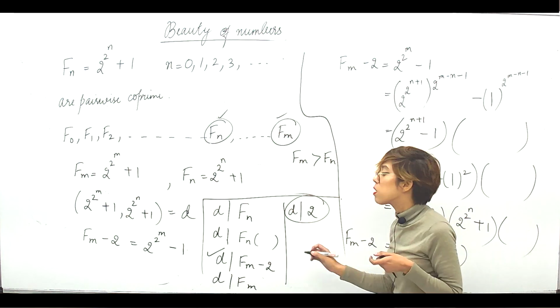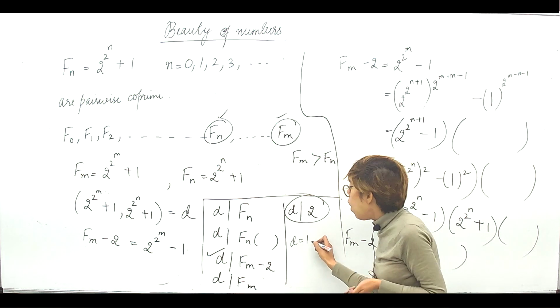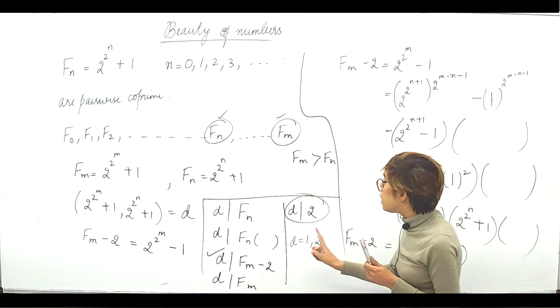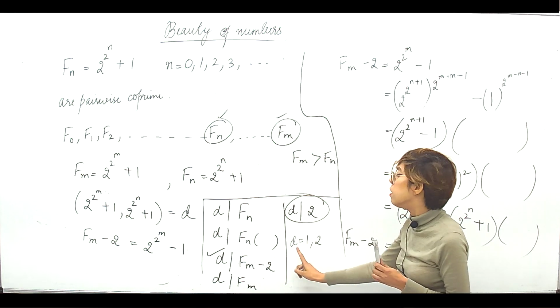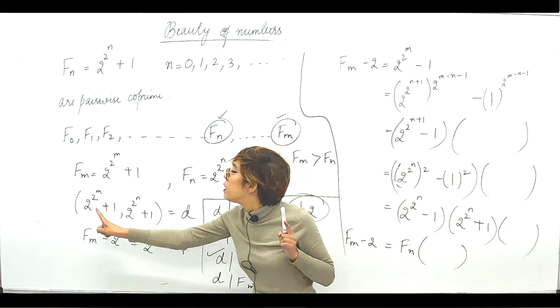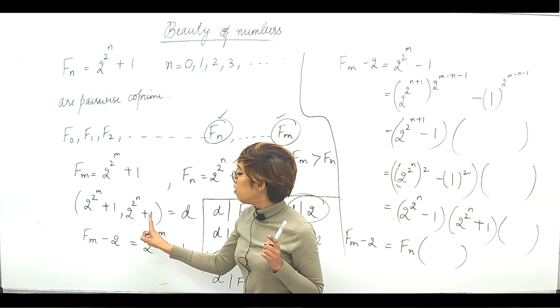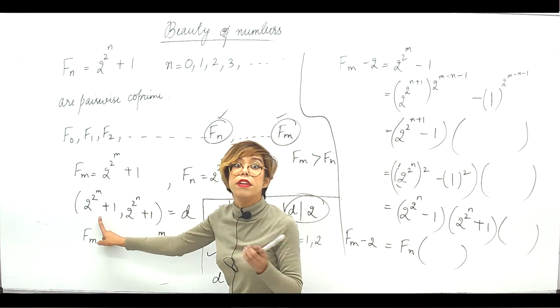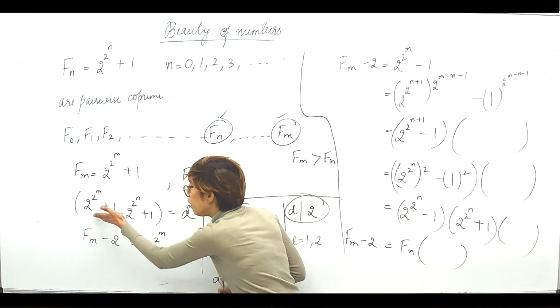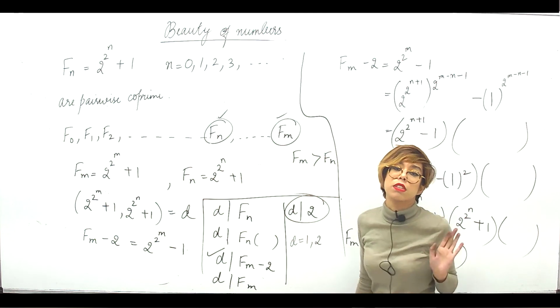D is such a number, such a positive natural number which divides 2. अब d की possible values क्या होती हैं? या तो d1 होगा और d will be 2. Right? Now tell me, do you think 2 can be d can be 2? D is greatest common divisor of these two numbers. ये 2 कैसे होगा? ये odd है, clearly. This is also odd. Greatest common divisor of two odd numbers will be odd only, right? 2 तो नहीं हो सकता, right?